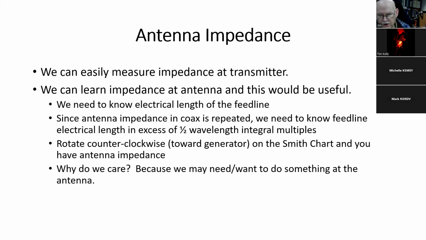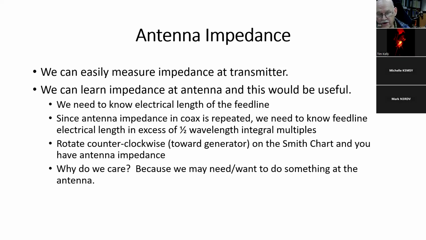If you have an impedance mismatch, you are going to incur additional loss in the coax that you wouldn't otherwise have if you matched the antenna at the antenna. So the idea being you may want, and I emphasize may, you may want to match the antenna impedance to 50 ohms at the antenna.